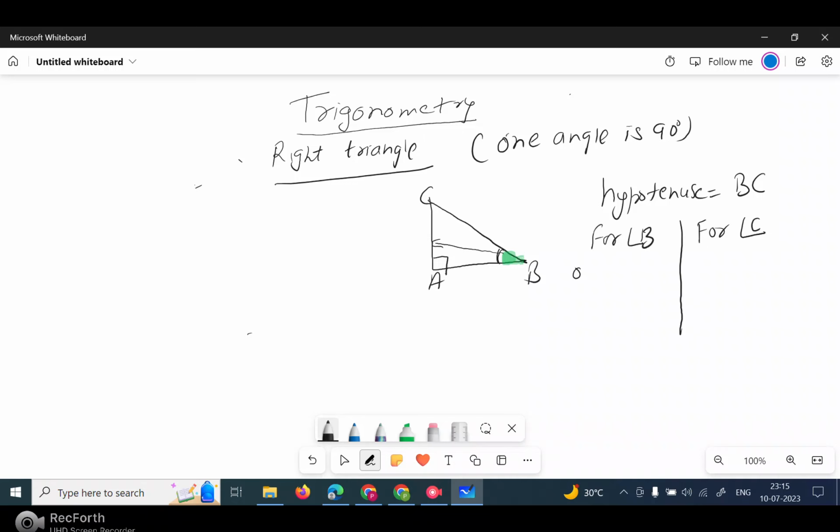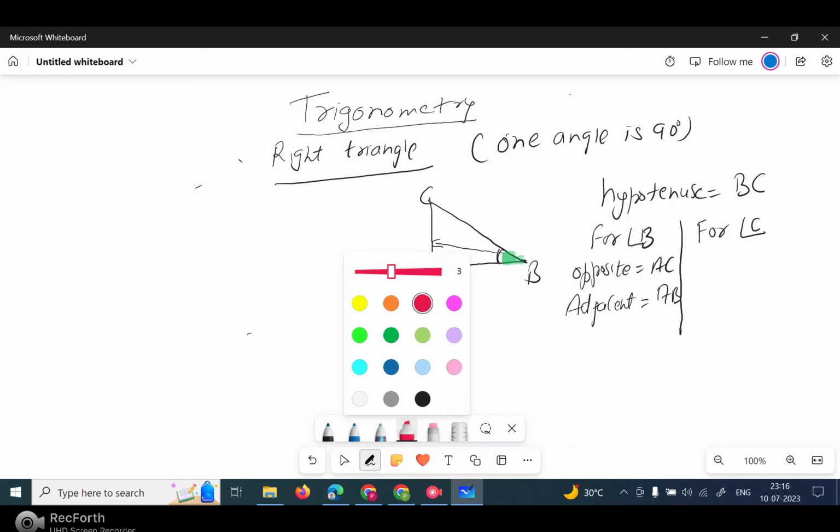Now what side is opposite to angle B? The opposite side for angle B is AC. So the third side will be the adjacent side for angle B. Now if I move towards angle C, where is my angle C?